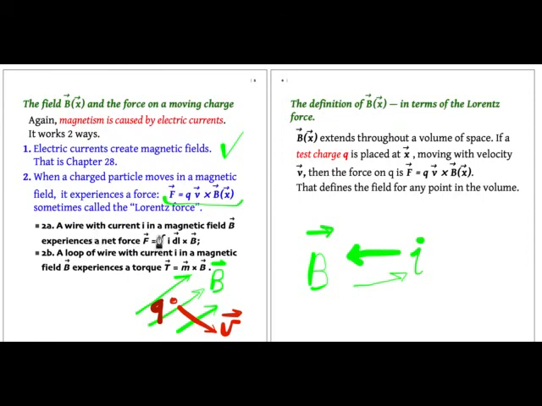Now, a current in a wire is due to subatomic particles moving. We saw a couple weeks ago that the electric current is due to the motion of electrons in the metal. That's the electric current in a wire. In a plasma, you could have electrons, positive ions, negative ions, but let's think about a wire. It has a current I. The current I consists of the coherent motion of electrons.